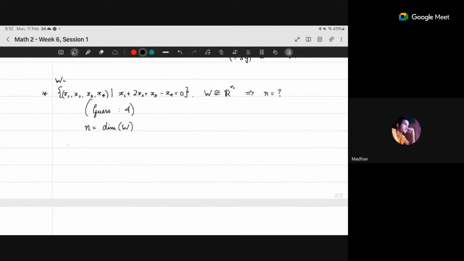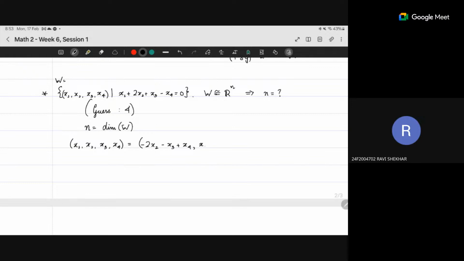Now, what is the dimension of W? It is the length of a basis of W, so we need to construct a basis. Any element x1, x2, x3, x4 in the space W can be written with x1 replaced by minus 2x2 minus x3 plus x4, because x1 plus 2x2 plus x3 minus x4 is 0, right?